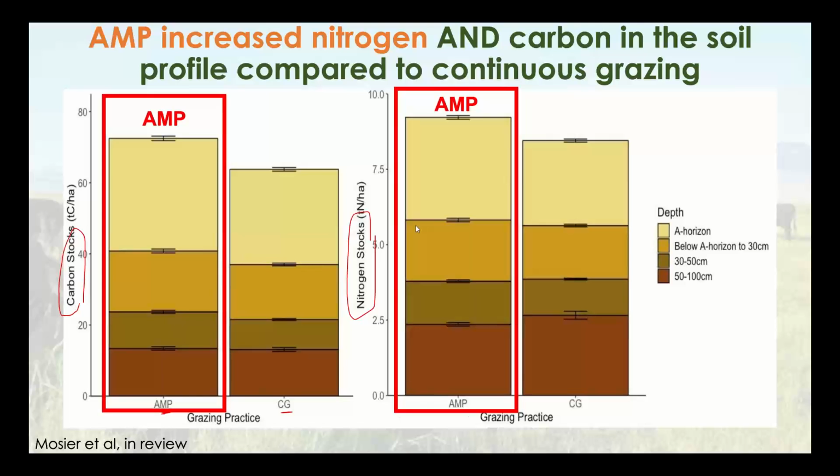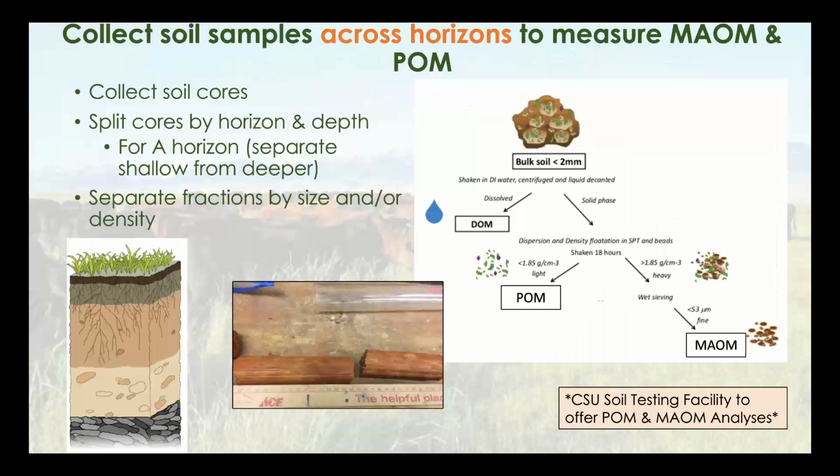And these are some of the early studies. I think you'll find that as we get into management practices, probably in the discussion, we're still learning a lot about how management directly impacts these MOM and POM fractions across locations. So this is one of the early studies to delineate these differences in protected versus more vulnerable carbon under different management practices. So how do you measure that, Megan?